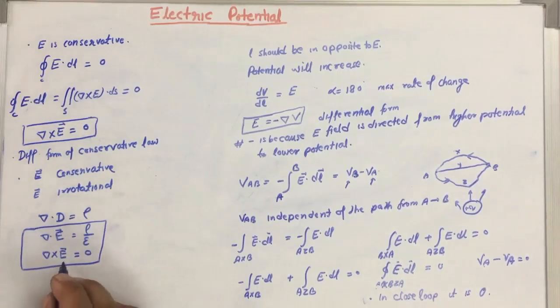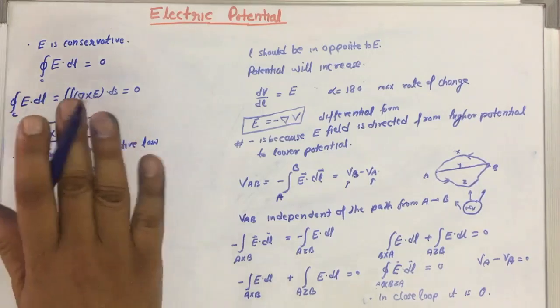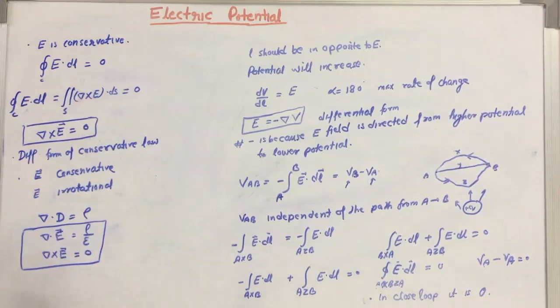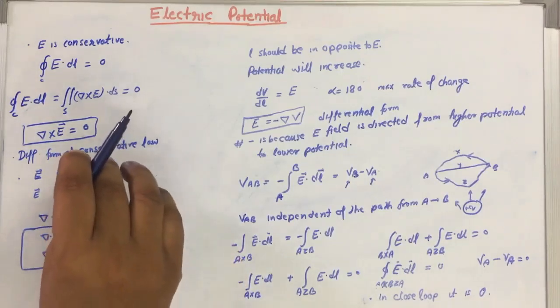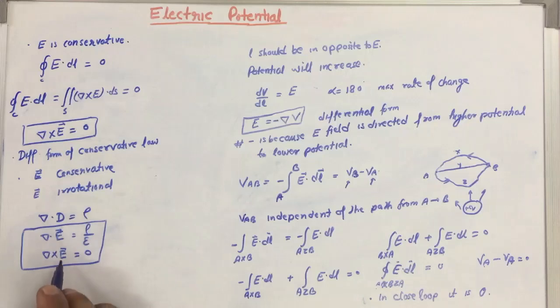And if any field is given and we try to find the curl of that field and it is not 0, it means that the given field is not an electric field, it is something else. So to identify whether the given field is an electric field, the curl of that field will be equal to 0.